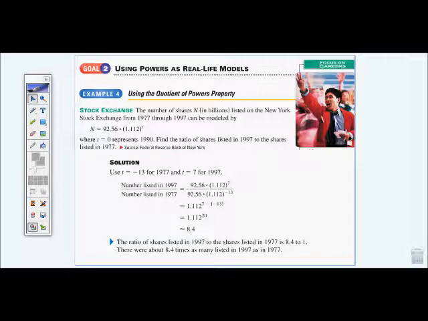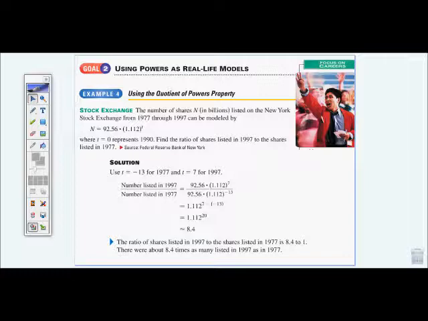The number of shares, and they're going to use the uppercase N to stand for in billions, listed on the New York Stock Exchange from 1977 through 1997 can be modeled by N equals 92.56 times 1.112 to the T power. Now, T equals 0 because that represents 1990.